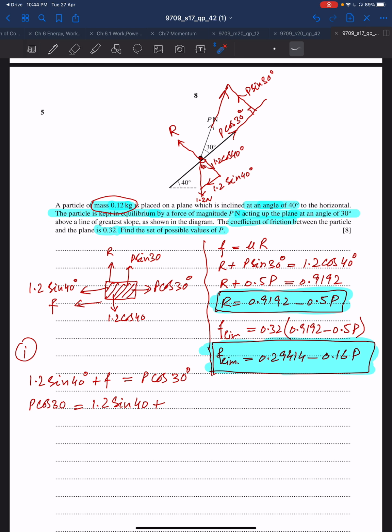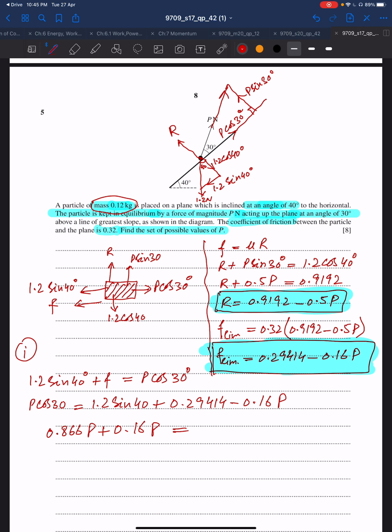This friction force is this one, so we'll substitute this value: 0.29414 minus 0.16 P. If you bring 0.16 P to the other side, because P is on this side and this is a constant value, this will become P cos of 30. Cos of 30 is 0.866 P plus 0.16 P.